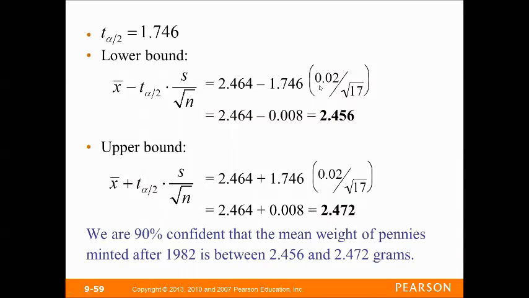So I plug in the standard deviation over the square root of n. So I get 2.464 minus 1.746 times 0.02 over the square root of 17, and I can go out positive 1.746 steps of this size, giving me 2.472. So I'm 90% confident that the mean weight of pennies lies somewhere between 2.456 grams and 2.472 grams.